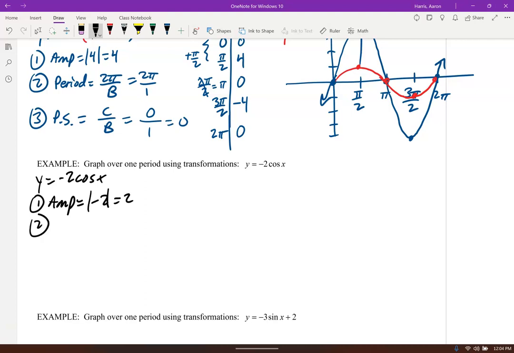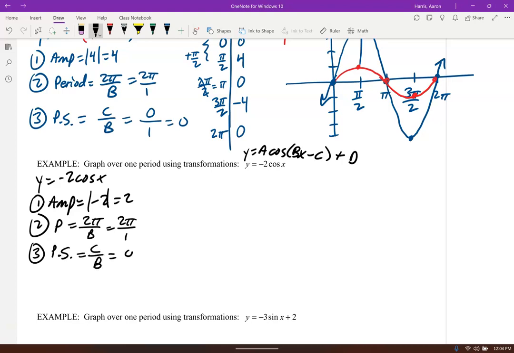Number 2, remember a cosine b x minus c plus d. So if you can see the number in front of x is 1. So when we're finding our period, 2 pi over b, period is just 2 pi over 1 again, right? So period is 2 pi. The phase shift, the c here, is 0. So we're going to start at 0.